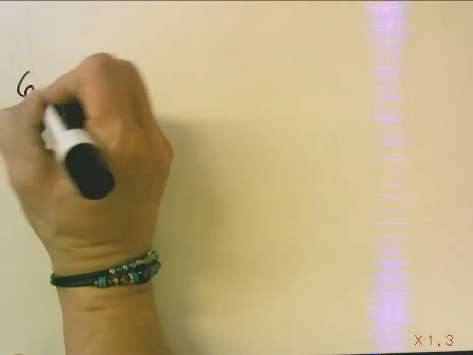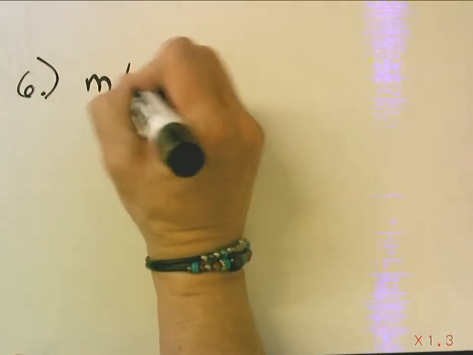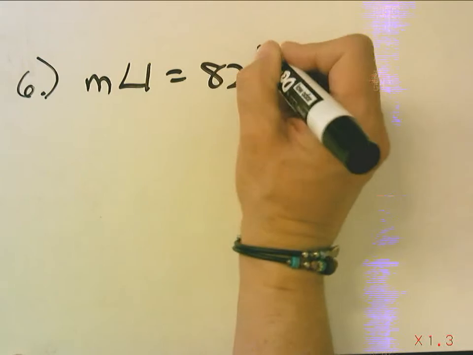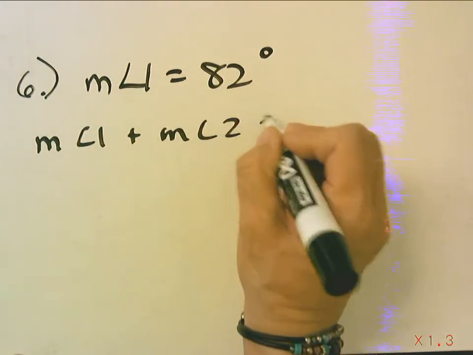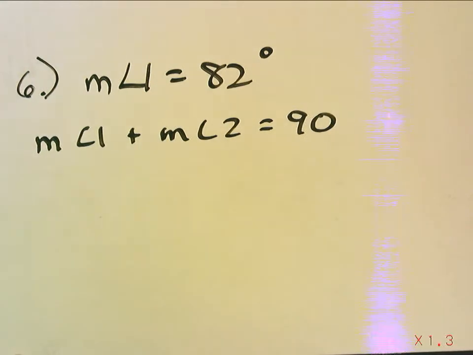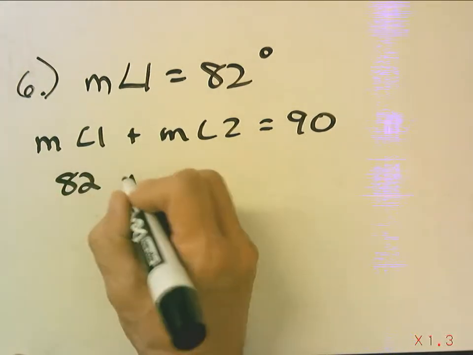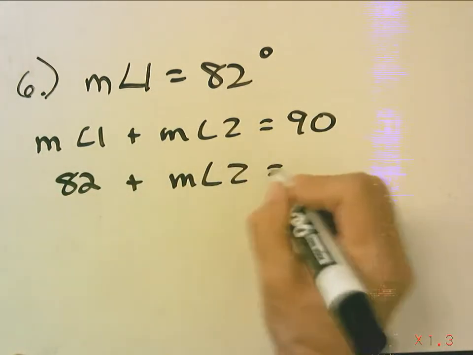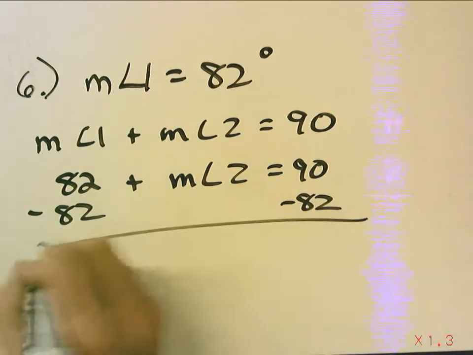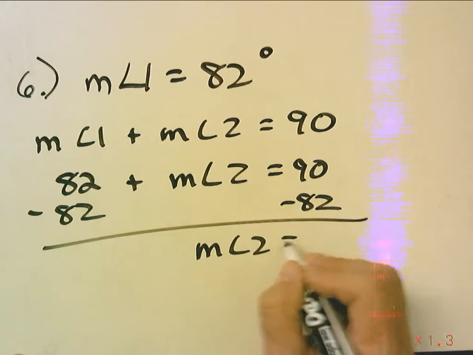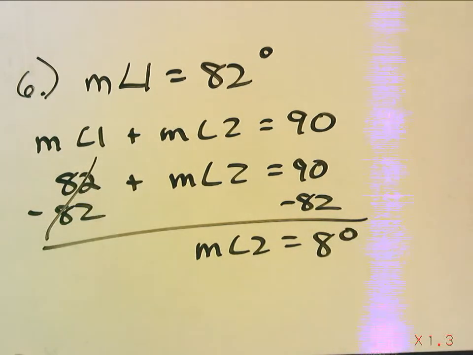So, number 6, if the measure of angle 1 equals 82, and I know the measure of angle 1 plus the measure of angle 2 equals 90 because I was told they're complementary, I could say 82 plus the measure of angle 2 equals 90. Subtract 82 from both sides, and the measure of angle 2 equals 8 degrees.